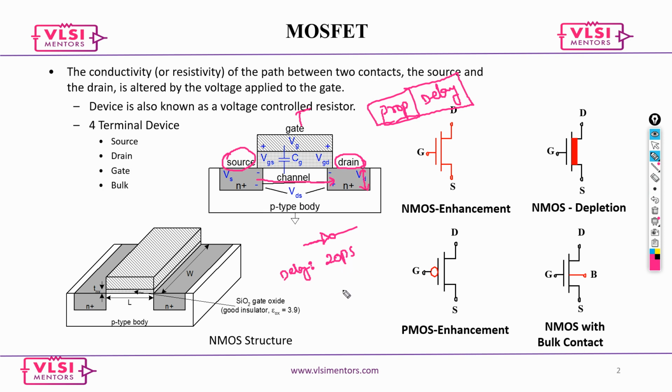Say I want to bring it to 15 ps, or I want to make it 30 ps to increase the delay. What do you have to do so that your delay can be reduced and your delay can be increased? Should the distance between source and drain be lower or larger? I think so, okay.